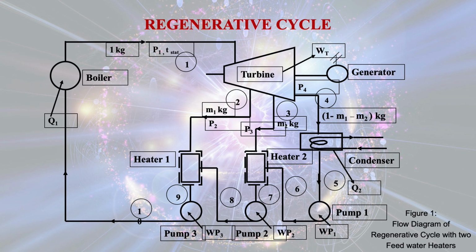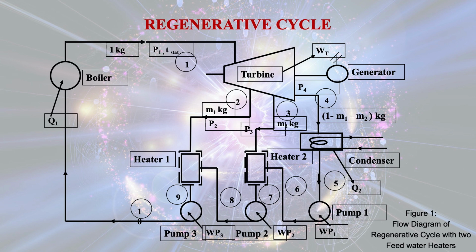There is expansion in the turbine, and at state 2, M1 kg of steam is extracted at pressure P2 from the turbine to heat the feed water, and it is entering into heater 1 for transferring the heat to the feed water.